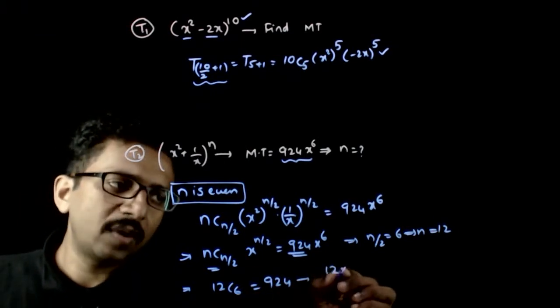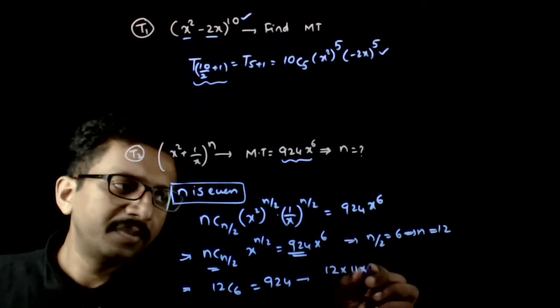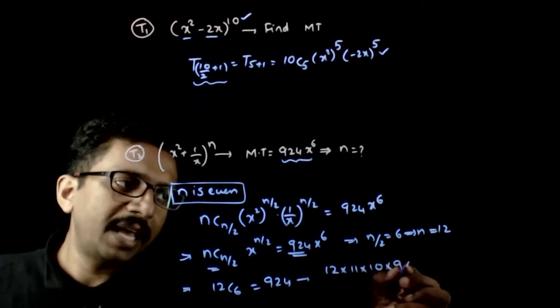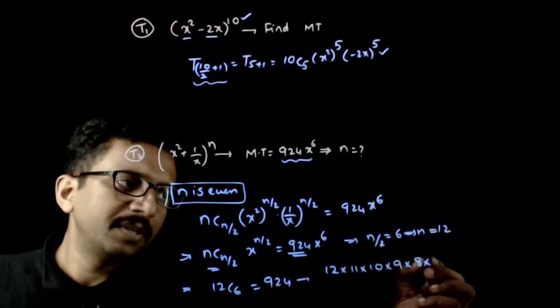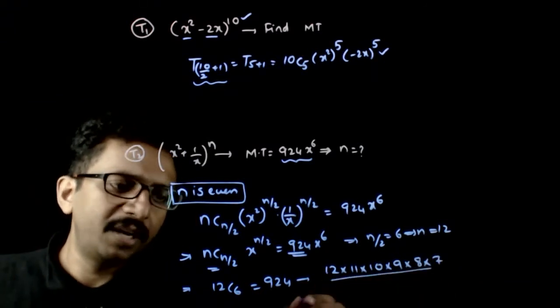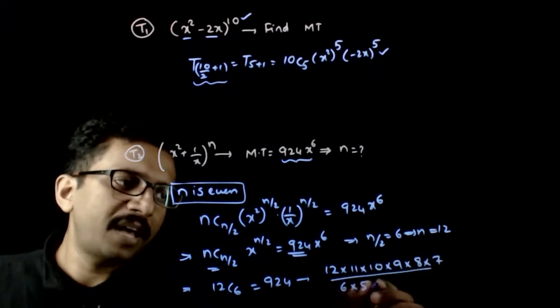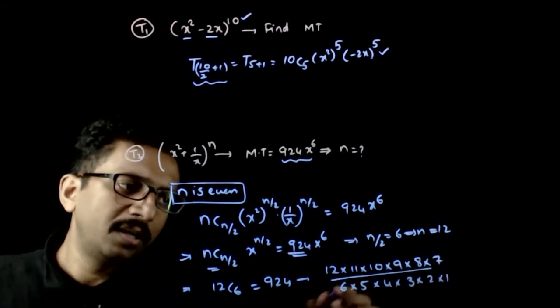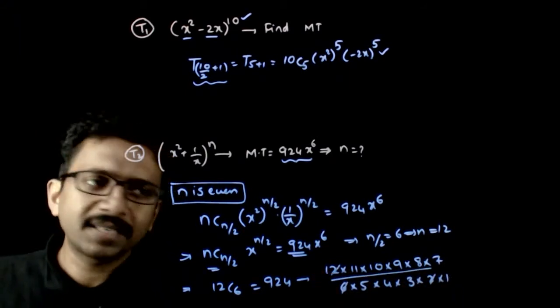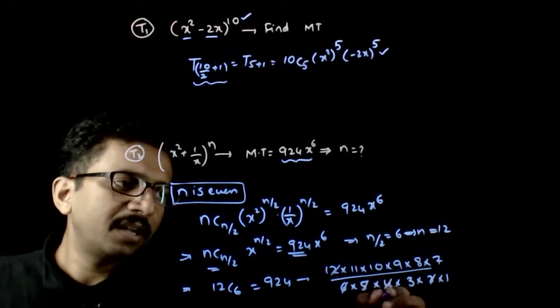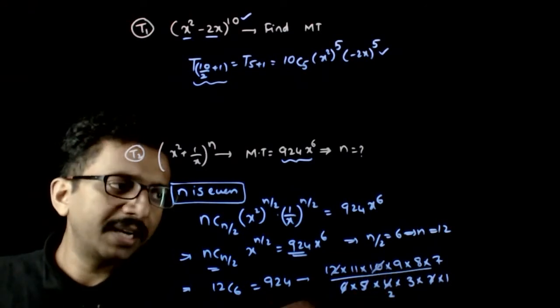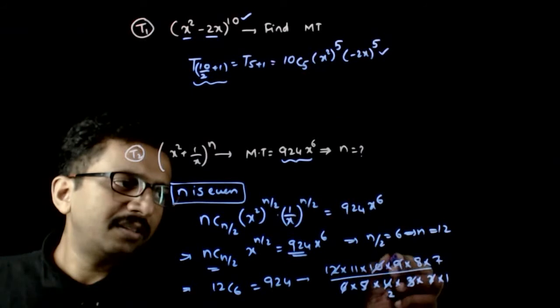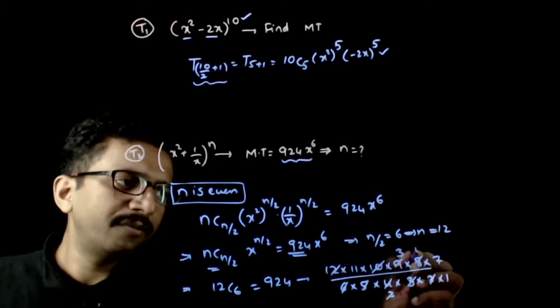So 12C6 is 12 × 11 × 10 × 9 × 8 × 7 divided by 6 × 5 × 4 × 3 × 2 × 1. 6 twos are 12 gets cancelled, 5 and 2 tens gets cancelled, 3 threes are 9 and 2 fours are 8.